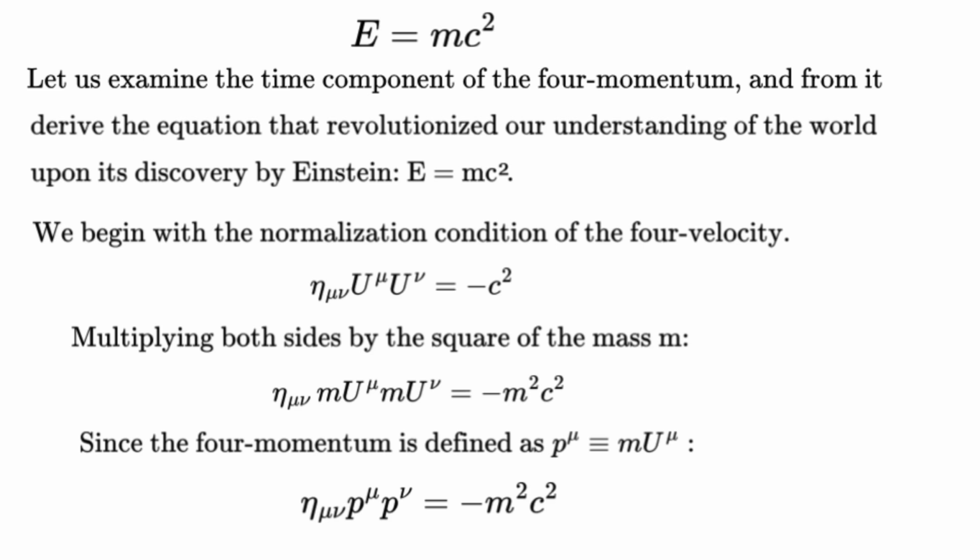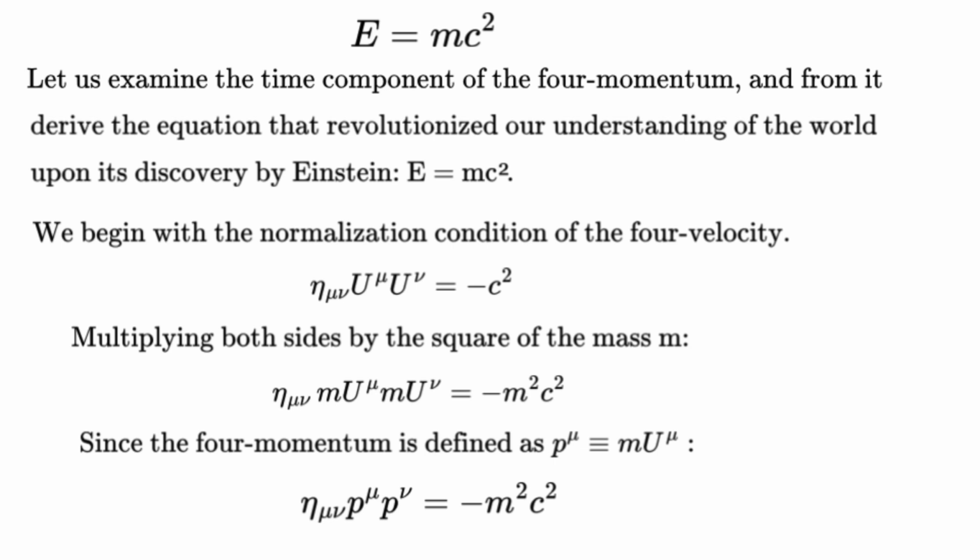E equals mc². Let us examine the time component of the four-momentum, and from it derive the equation that revolutionized our understanding of the world upon its discovery by Einstein, E equals mc².